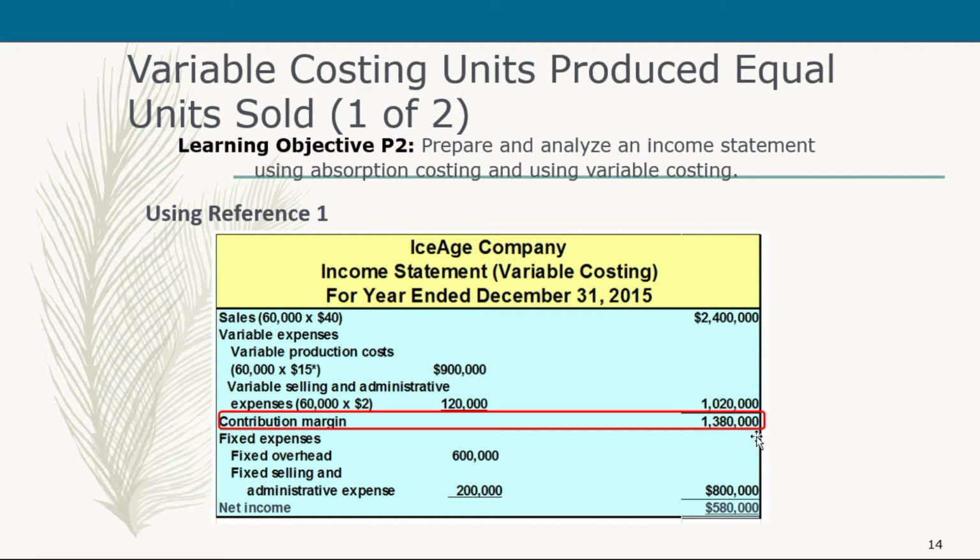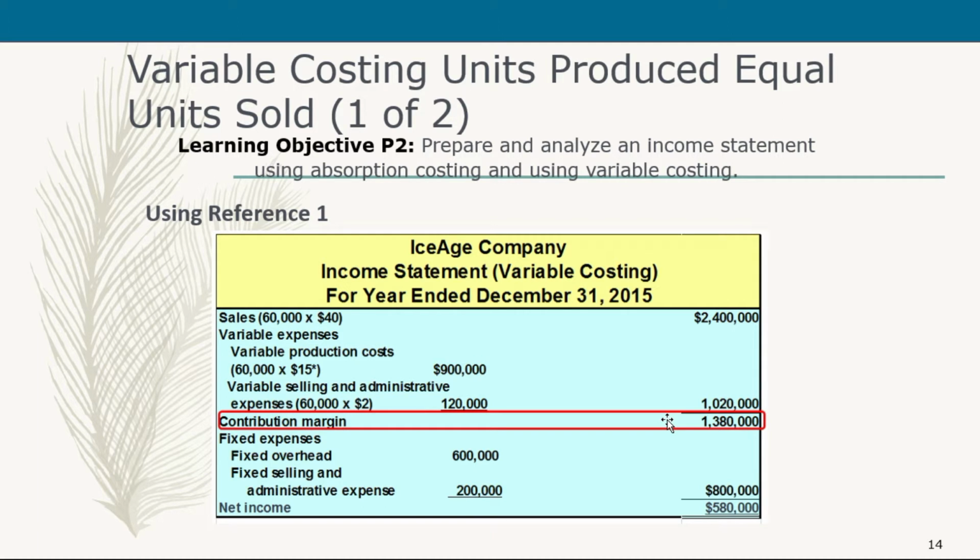$1,380,000. So do you remember, it's the same format as your contribution margin approach income statement from our last discussion on CVP analysis. So after we get your contribution margin, we will now compute your total fixed expenses.